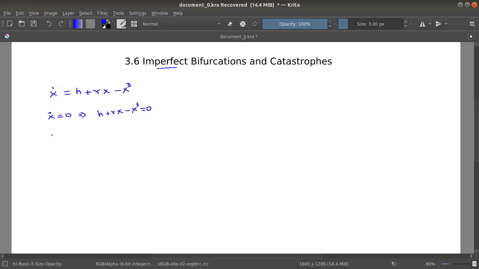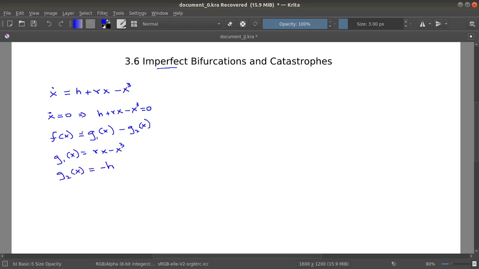I consider this f of x as g1 of x minus g2 of x, where g1 of x is equal to Rx minus x cube, and g2 of x is equal to minus h.